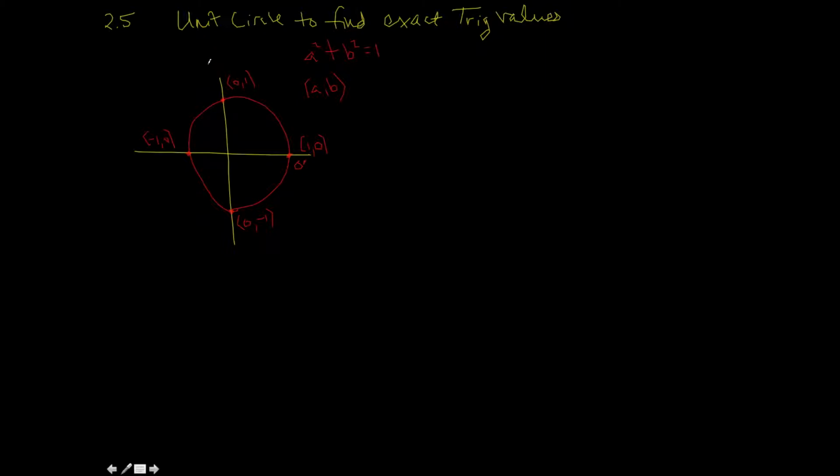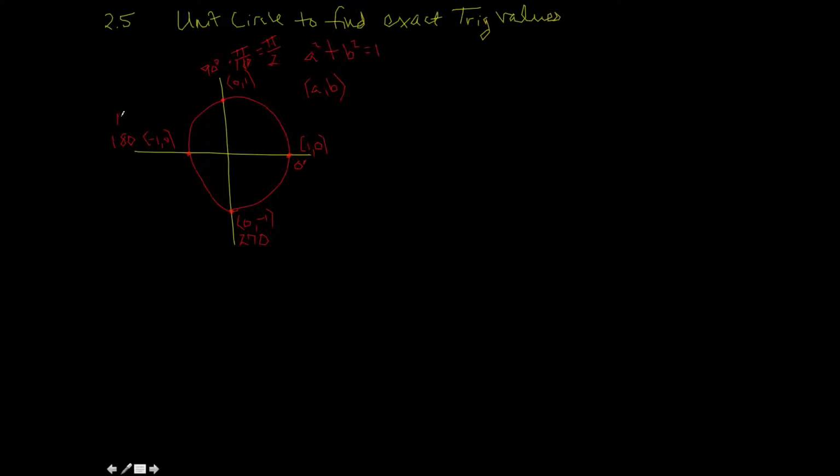If we wanted to find out the radian measure of certain angles, like for instance this is 0 degrees, 90 degrees, 180 degrees, 270 degrees, we had to multiply by pi over 180, if you remember. And so that gave us pi over 2 for our radian measure.